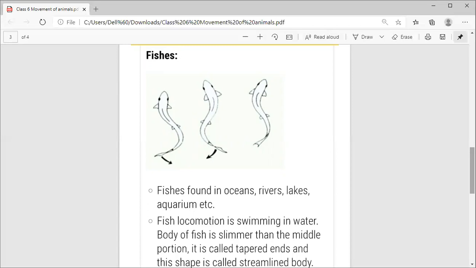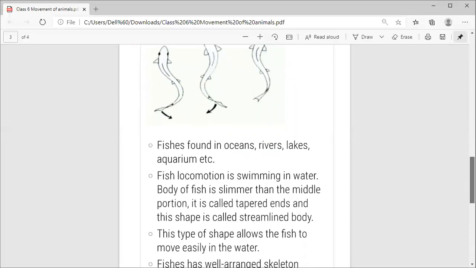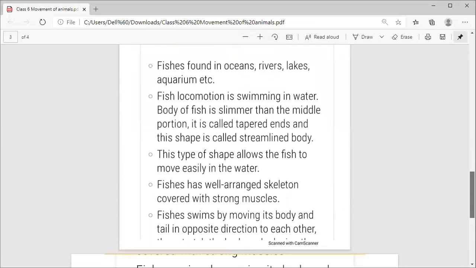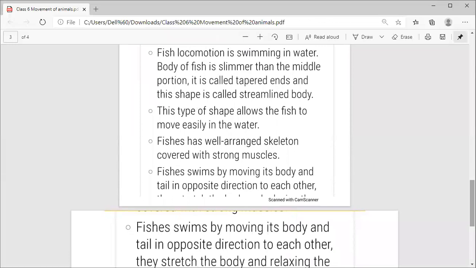The body of the fish is slimmer at the ends than the middle portion. That's why we know that the body of a fish is a streamlined body. Streamlined body means narrow at both ends and broader in the middle.